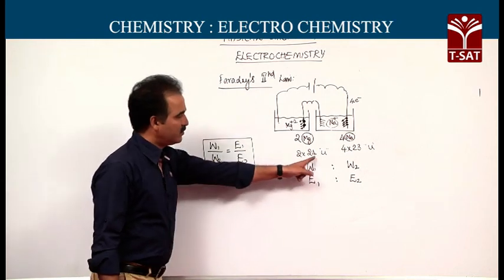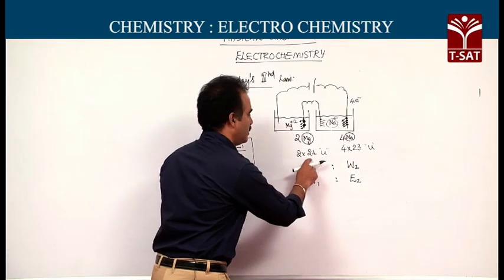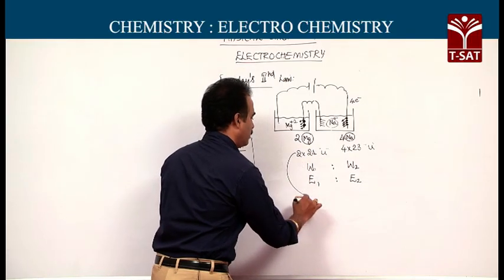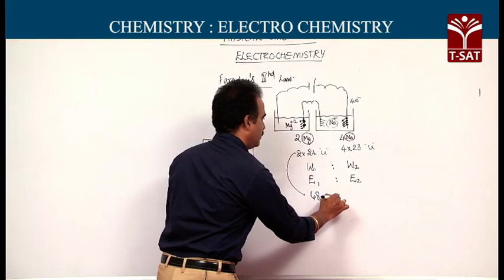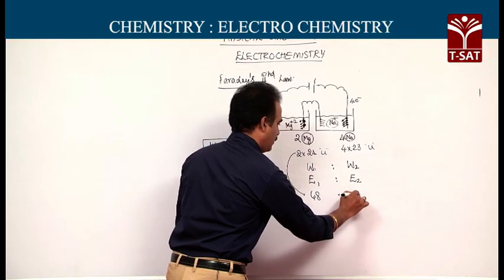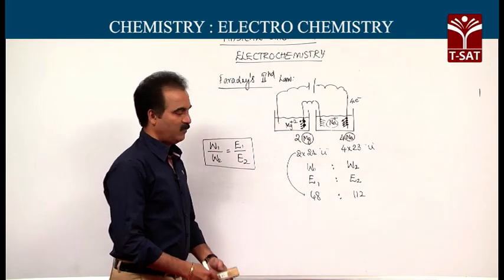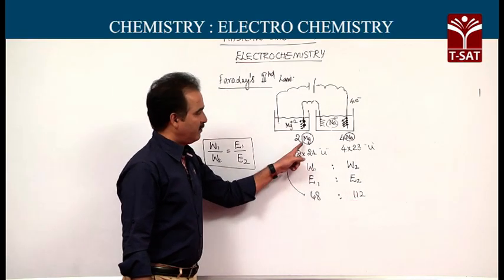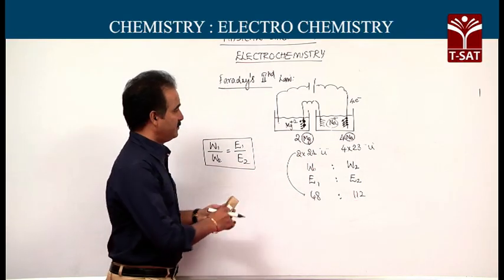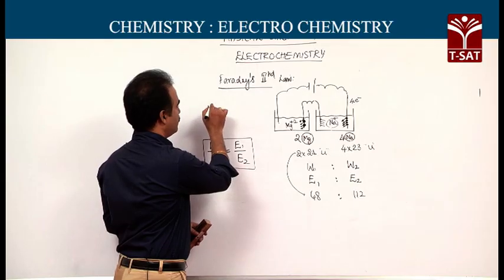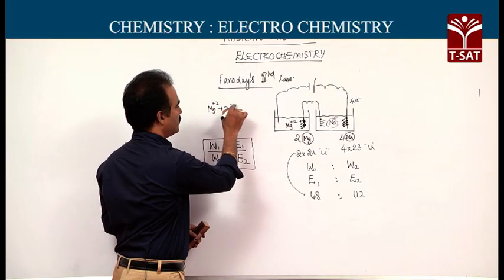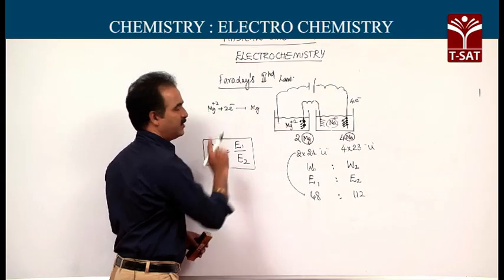So, the weight ratio is, you can check, 48 is to 112. And when you take the equivalent weight of magnesium, every magnesium is taking 2 electrons to deposit as magnesium.